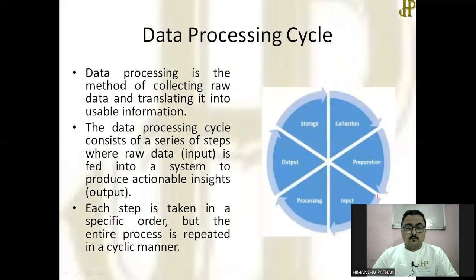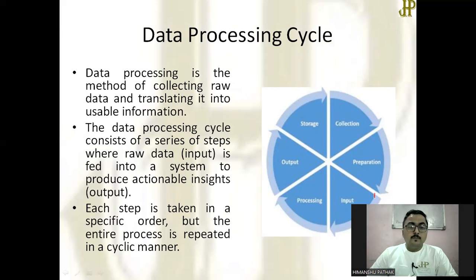Now, the next topic is the data processing cycle. How data are processed so that when, at the last step, data are stored, that data can be analyzed for various purposes, for any business insight, to find a solution to a problem, and so on.